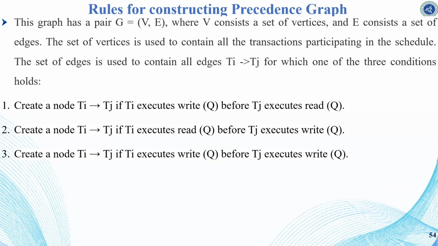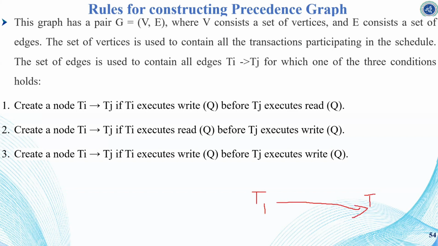The second case is that Ti executes a read first. Suppose T1 is this vertex and T2 is another vertex. A precedence graph is a directed graph.